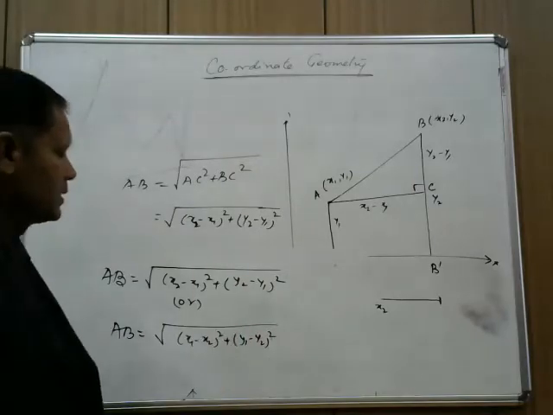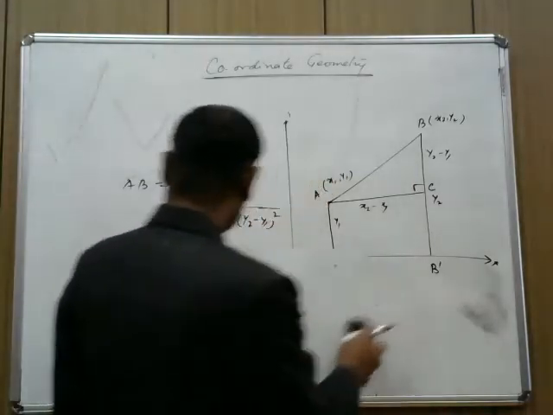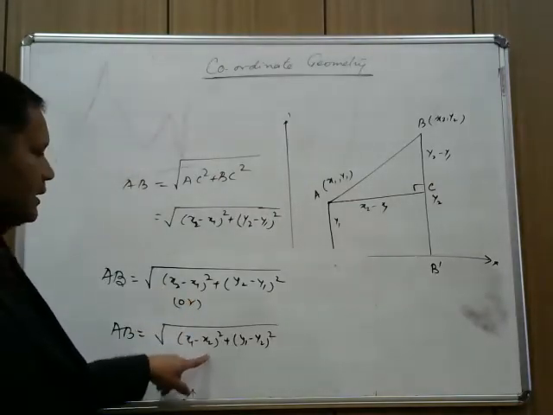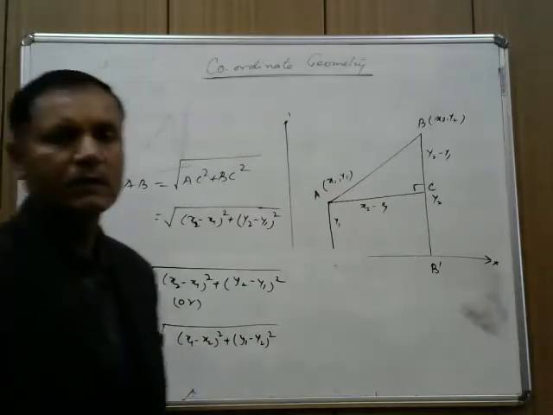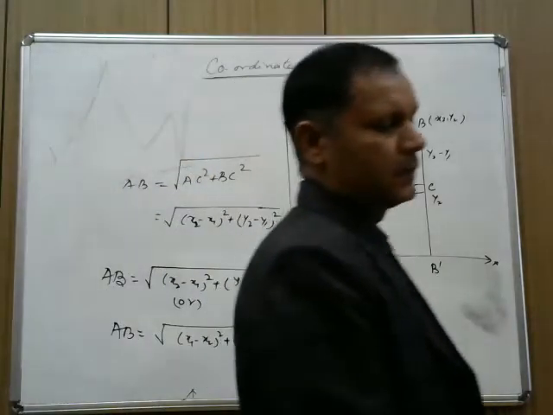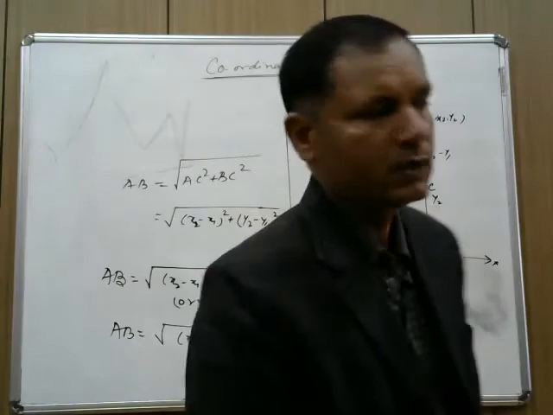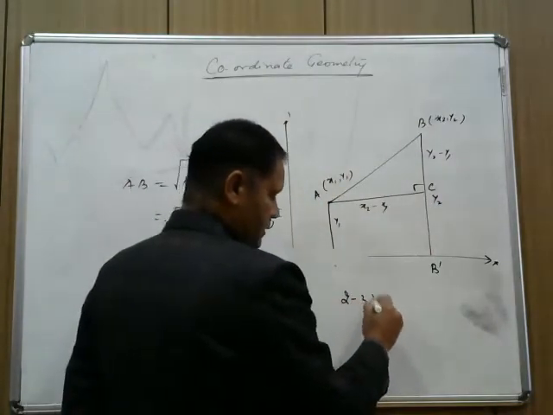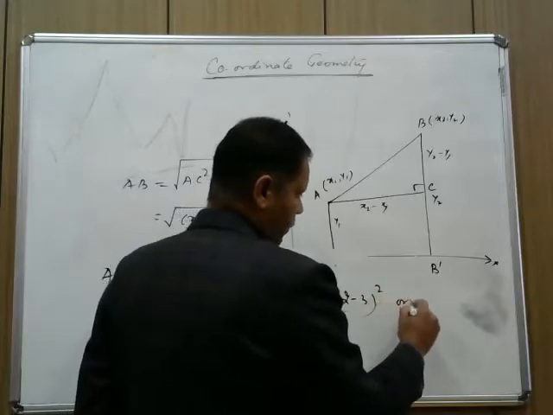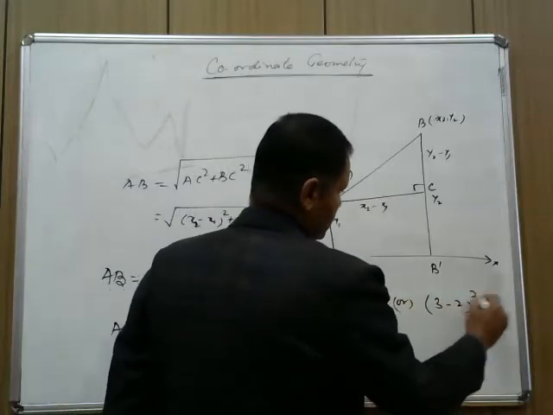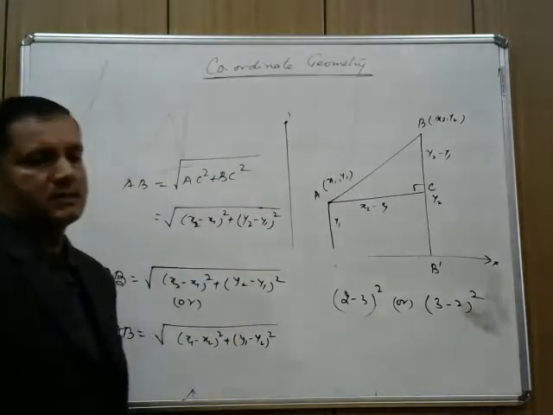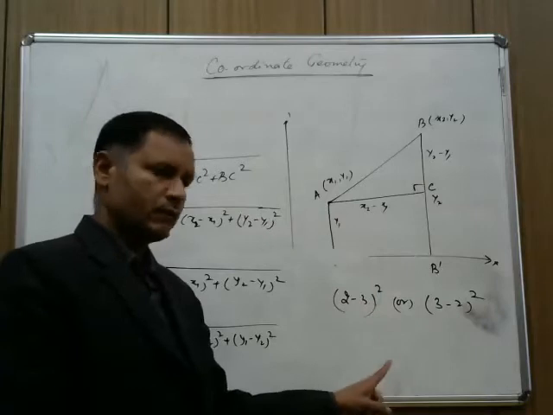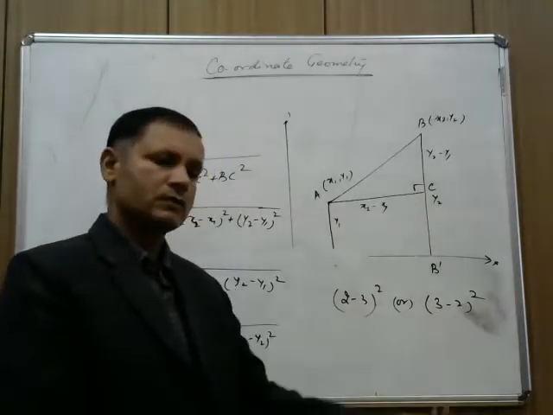But here is another simple reason I will give you. x2 minus x1 whole square or x1 minus x2 whole square: a square of any number is always positive. It doesn't make any difference. Means what? If I write 2 minus 3 whole square or 3 minus 2 whole square, it doesn't make any difference, because 2 minus 3 is minus 1 whole square, which is 1, and 3 minus 2 is 1 whole square, which is also 1.